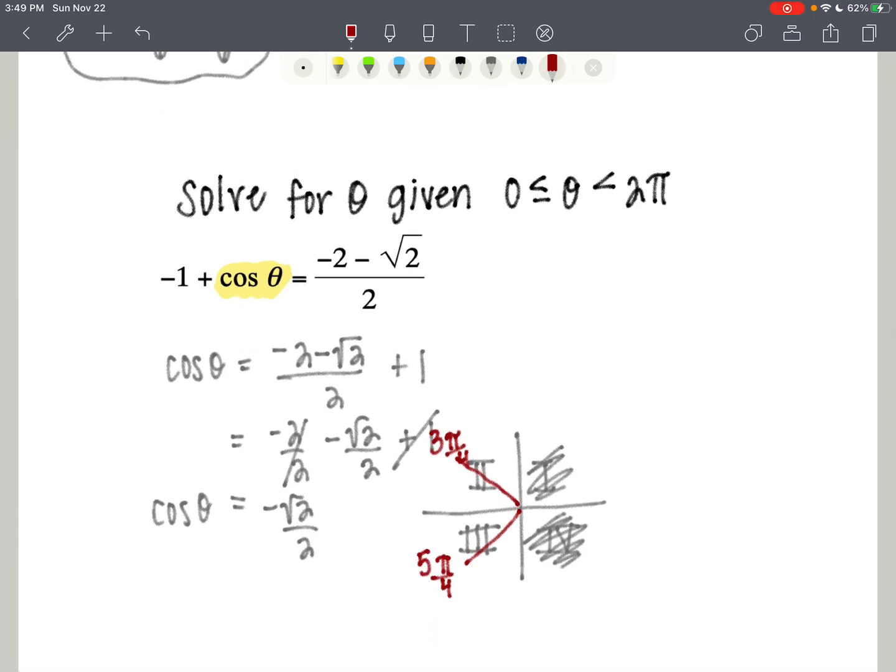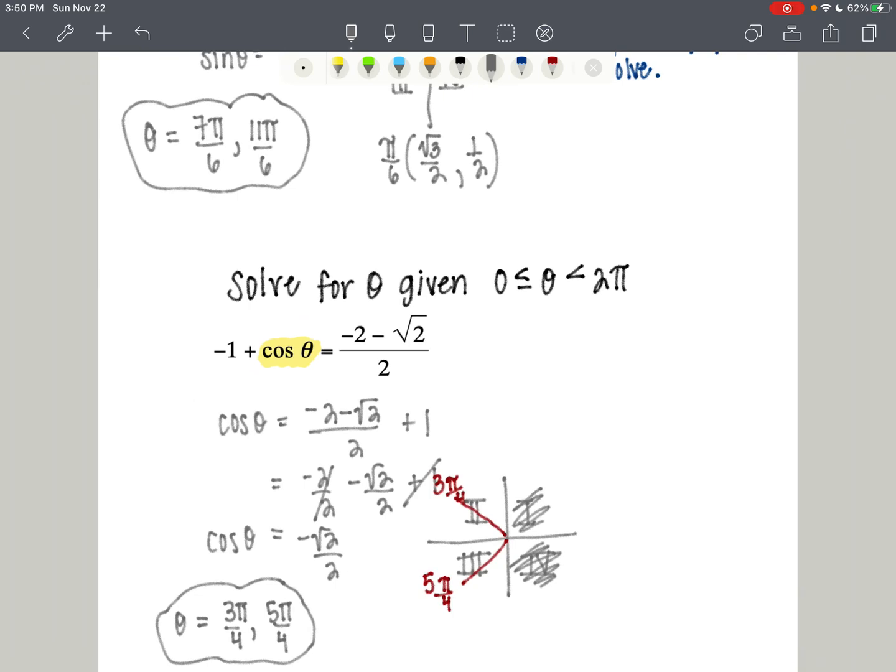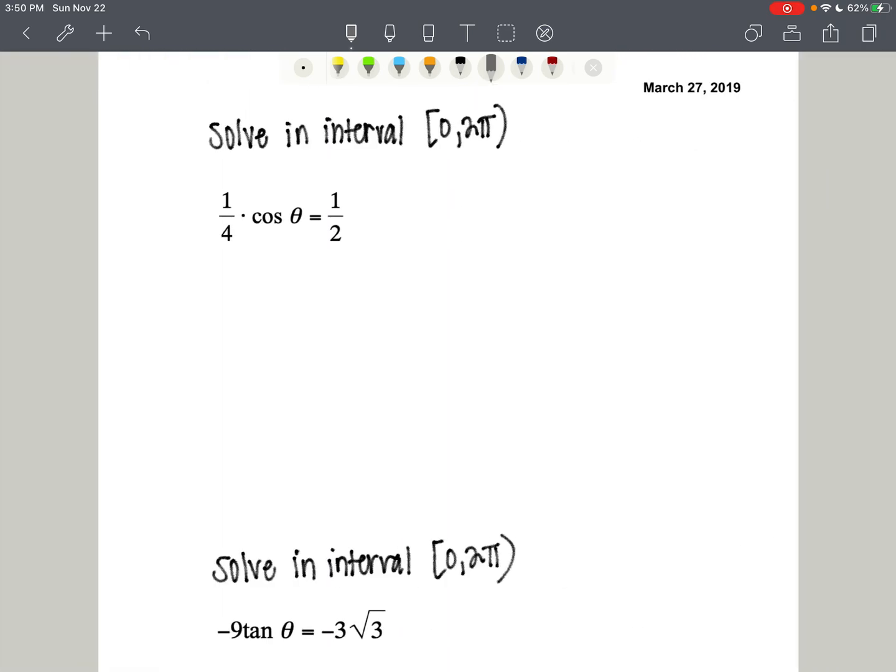And the pi over 4 angle in quadrant 3 is 5 pi over 4. So our answer is theta is equal to 3 pi over 4 and 5 pi over 4. So what we're doing here is reinforcing our angles, our unit circle, and our quadrants, which functions are positive and which quadrants, going around that unit circle.